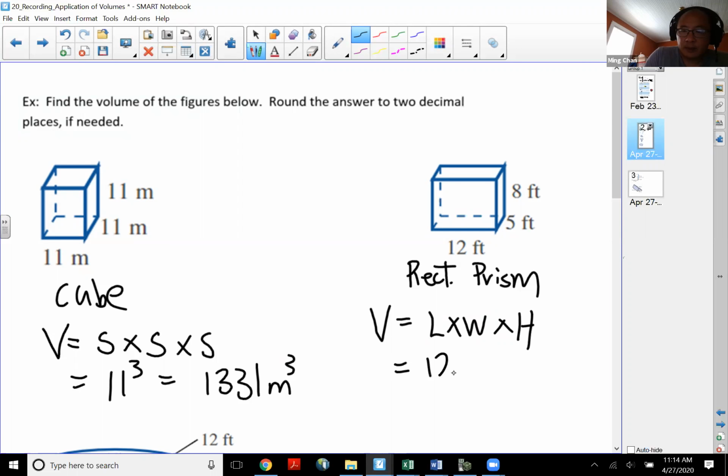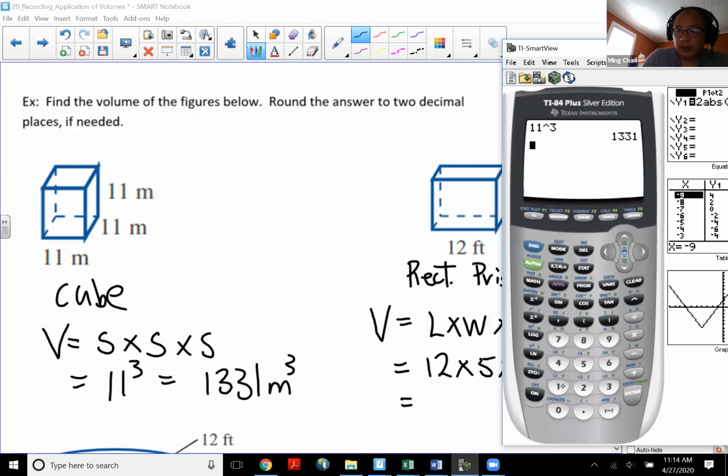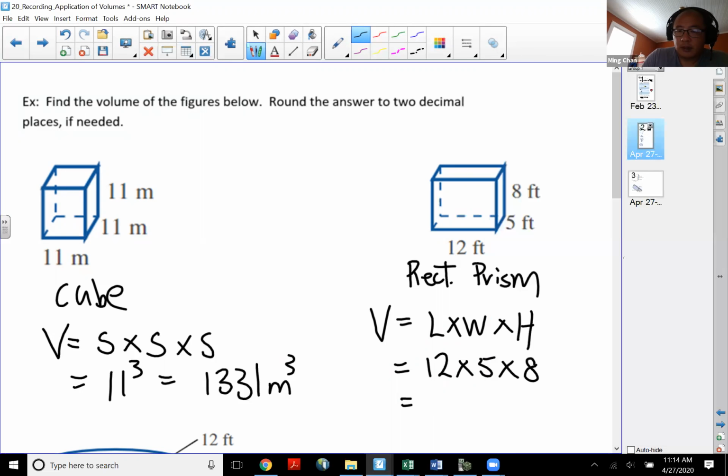That gives me 12 times 5 times 8. On the homework and the test, they're all going to say round to 2 decimal places if needed. So if it's the exact answer, you don't have to round, you can just type it in. 12 times 5 times 8 is 480 cubic feet.